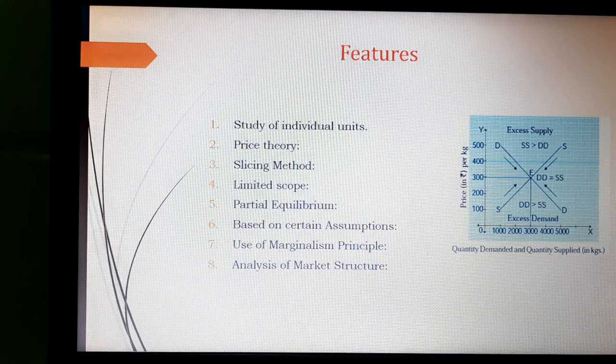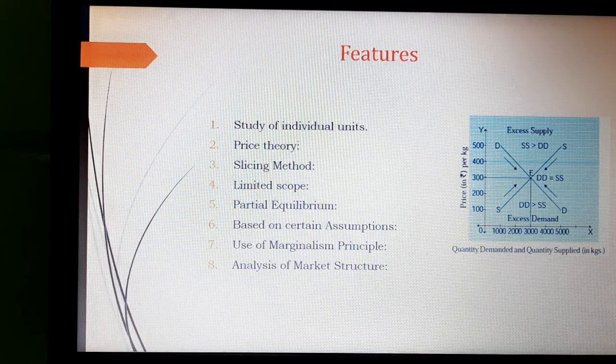Now partial equilibrium means what? Equilibrium analysis is nothing but where two factors are same. It's called as what? Equilibrium. Now partial means what? We will first study the diagram and then we will study the meaning of partial.